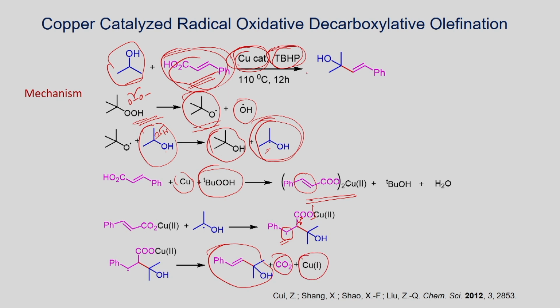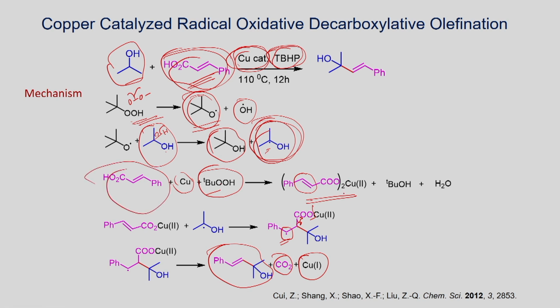So in this reaction, as you can see here, the tertiary butyl hydroperoxide plays a dual role. First, it is converted into the tertiary butoxide radical. It helps to form the radical from the isopropanol. In addition to that, the tertiary butyl hydroperoxide also helps to oxidize the copper 0 to copper 2 carboxylate, which can readily react with the cinnamic acid.